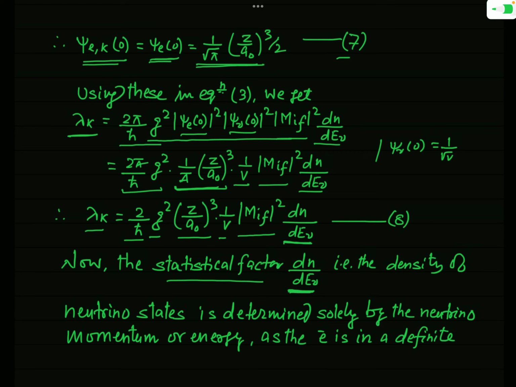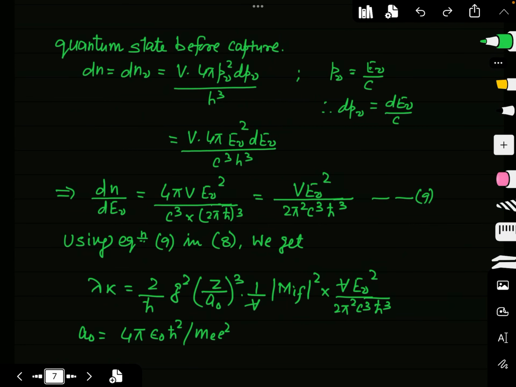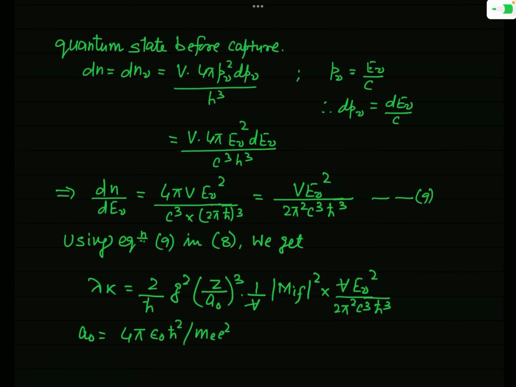You can see how this dn by de nu will be calculated. While discussing the beta decay process, I discussed this result in great detail; in short, I am just repeating it here.